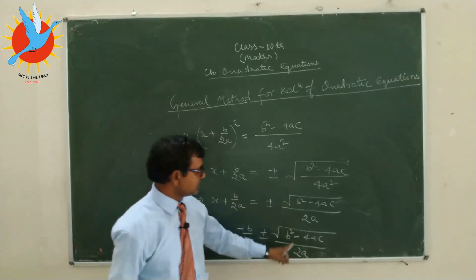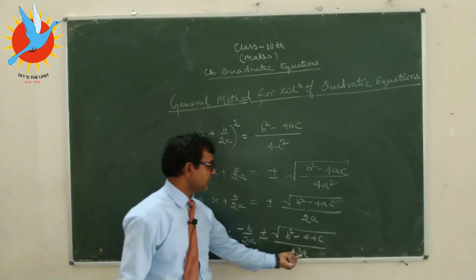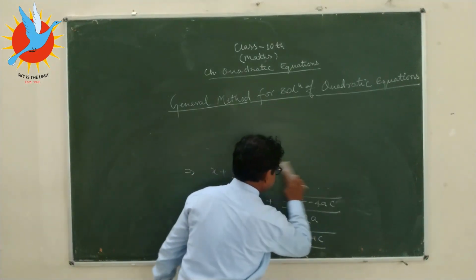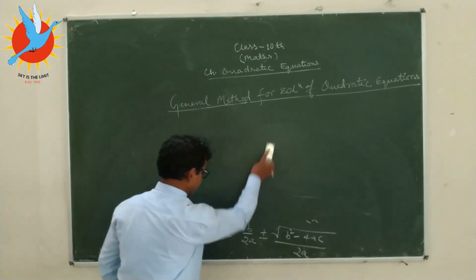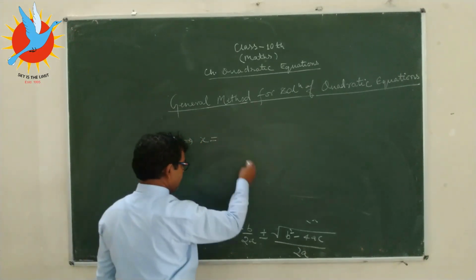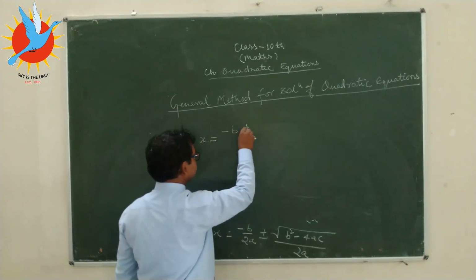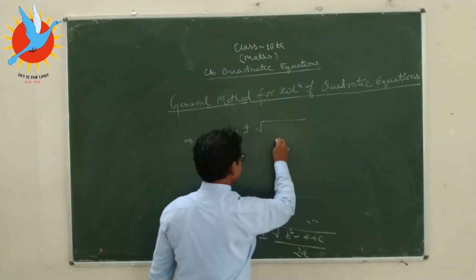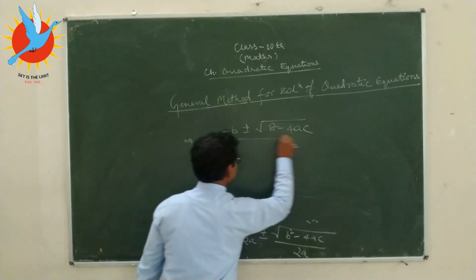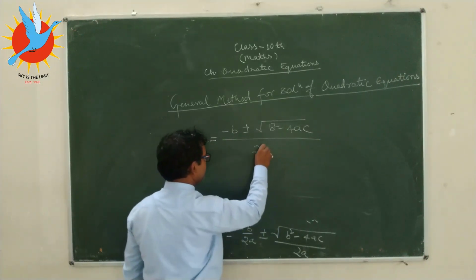Now this fraction and this fraction both have the same denominator. So we have x equal to minus b plus minus root over b square minus 4ac upon 2a.